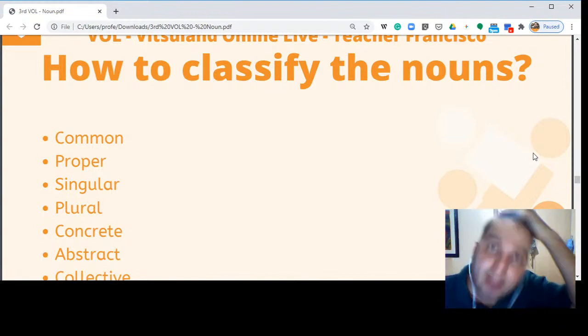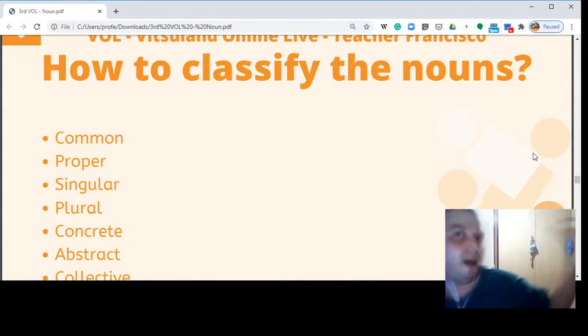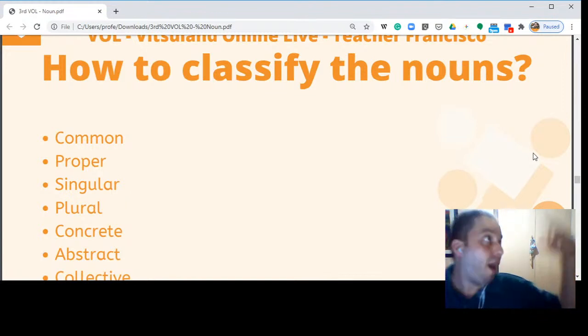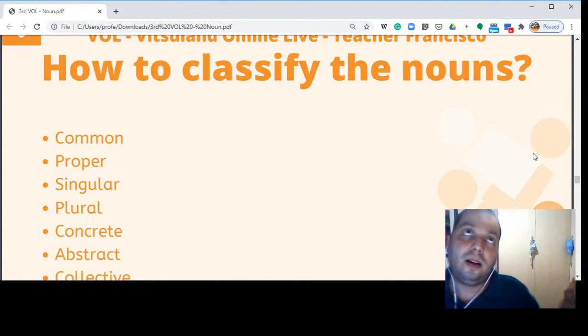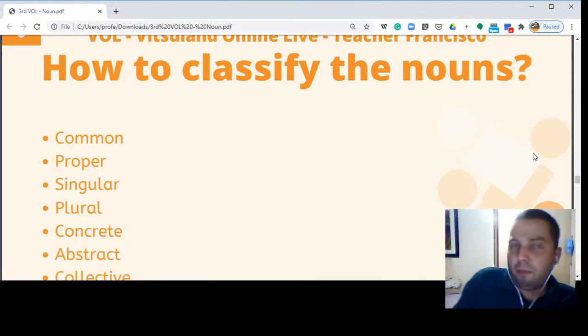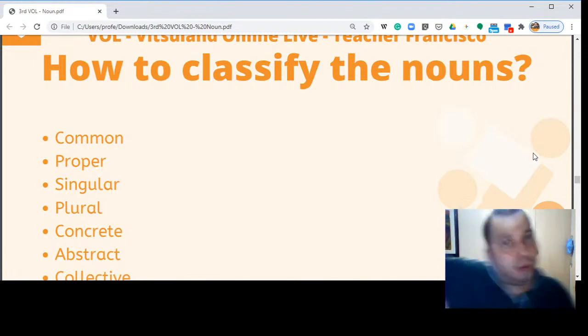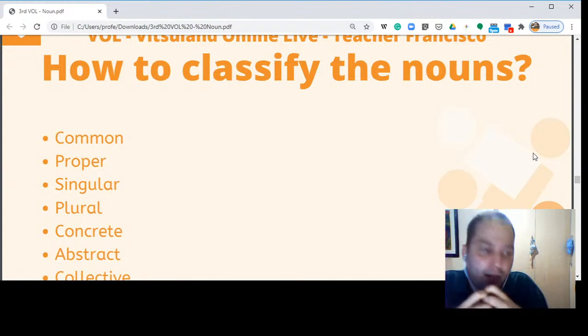And abstract nouns are related to something that we cannot touch. Like we can consider love or hate, feelings, or even a thought, for example, or the word emotion. So things that we cannot keep in our drawer or in our pocket.